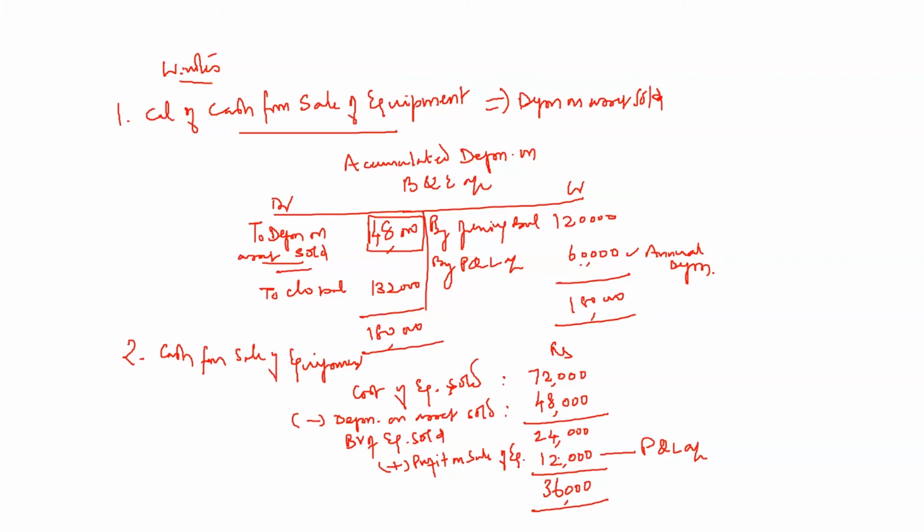Whereas here it is given as profit, so we are adding it to the book value of equipment sold to arrive at the proceeds from the sale of old equipment. So this 36,000 is cash received from sale of old equipment.